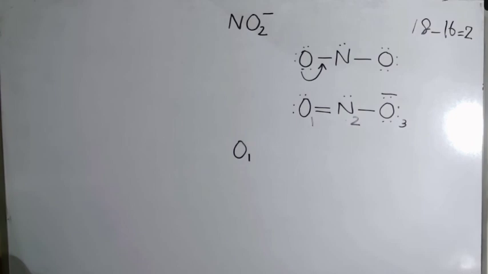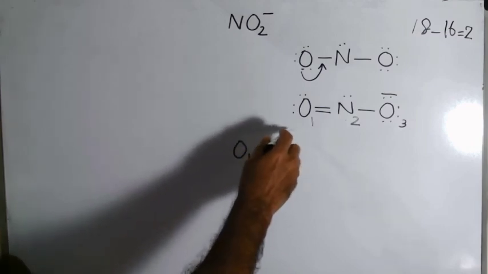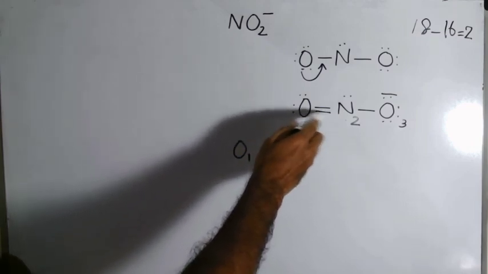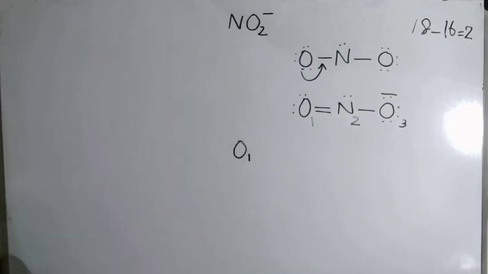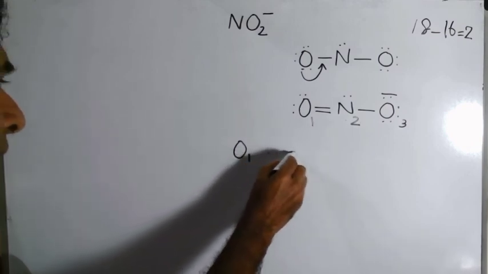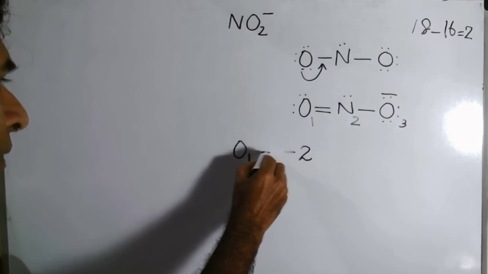So, in addition to the 2 electrons given by this oxygen atom, it can withdraw 2 electrons from the nitrogen also. So it can feel extra negative charges come to itself. Extra negative charges mean electrons. So that means it has a -2 oxidation number.